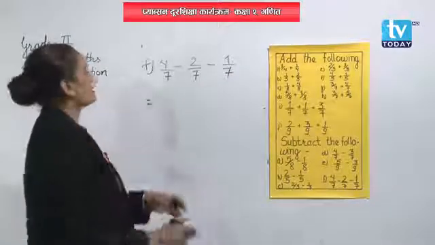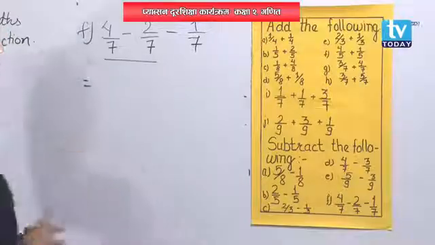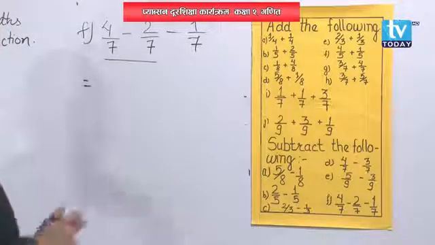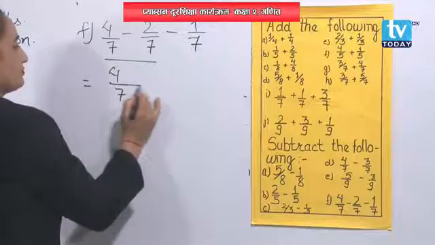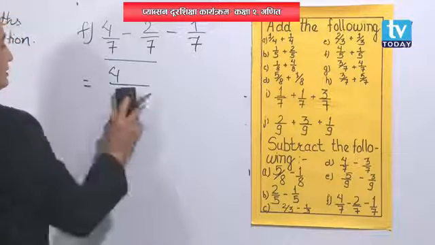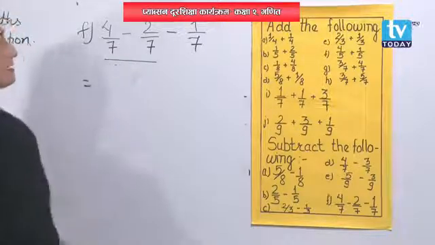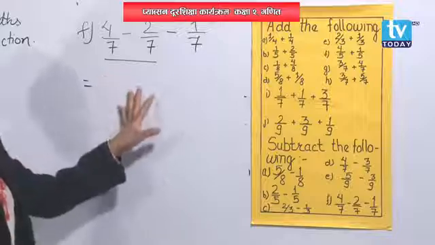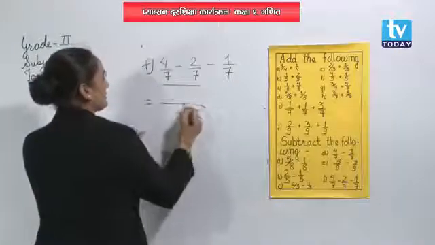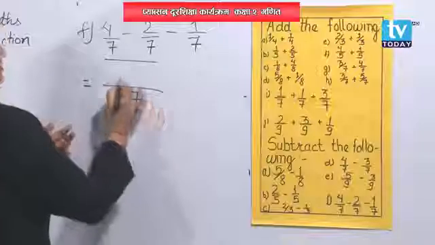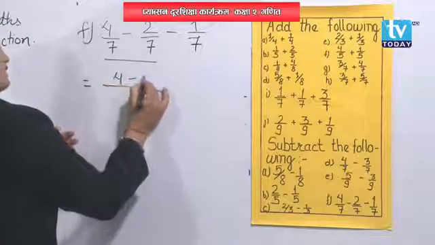Okay, students. First of all, let's take these first 2 fractions. 7, 7 will be common. 4 minus 2.